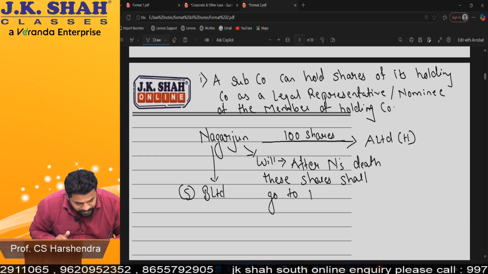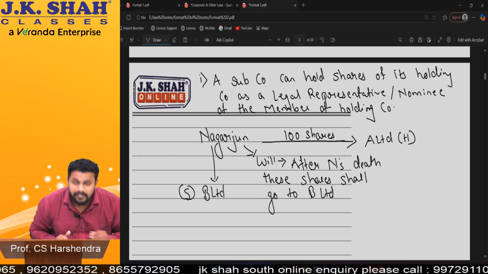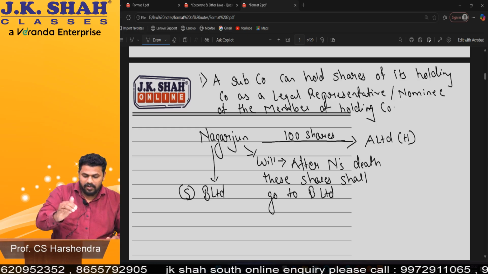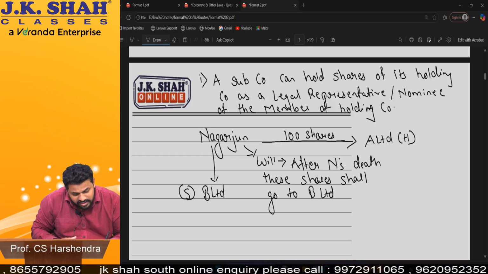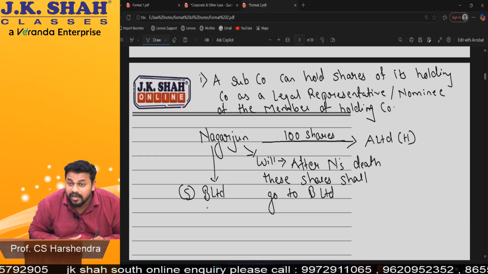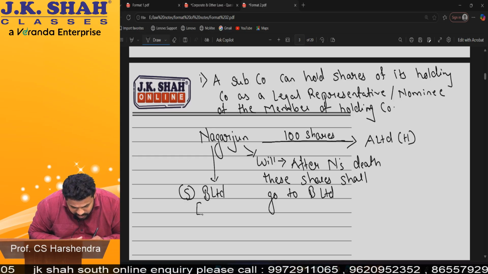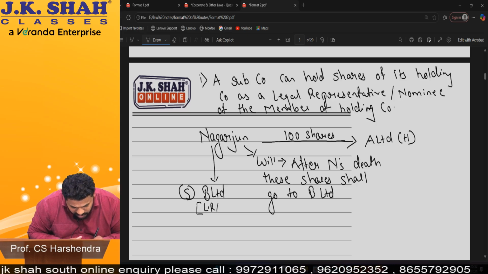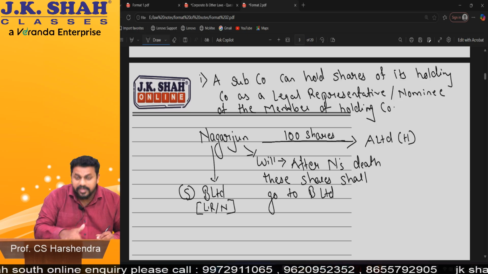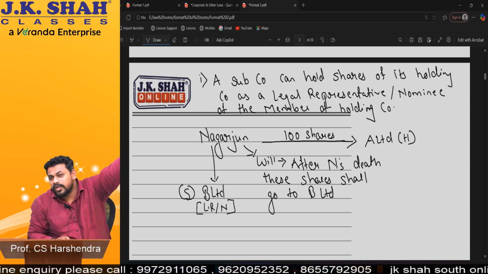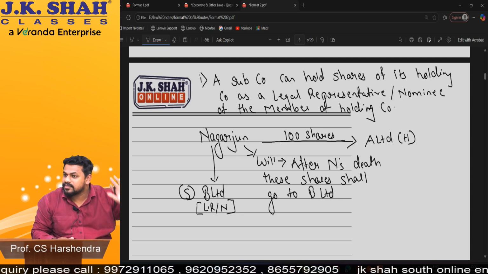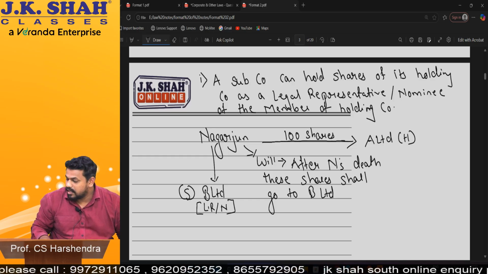Which company, beta? B Limited. Understood? Now Nagarjun died. So A Limited's 100 shares will go to whom, beta? B Limited. And B Limited is holding the shares as what, beta? Legal representative or nominee of Nagarjun. So can B Limited, the subsidiary company, hold shares of its holding company in this way? Answer is yes. Clear? Understood?